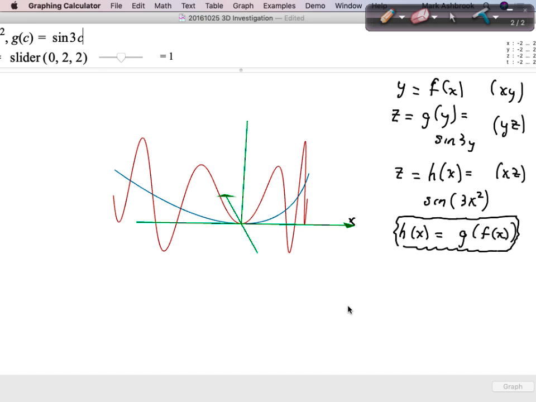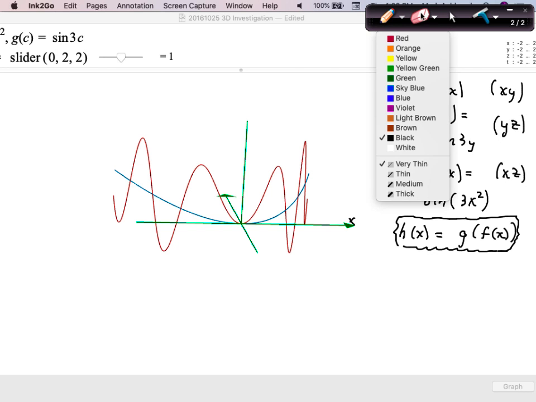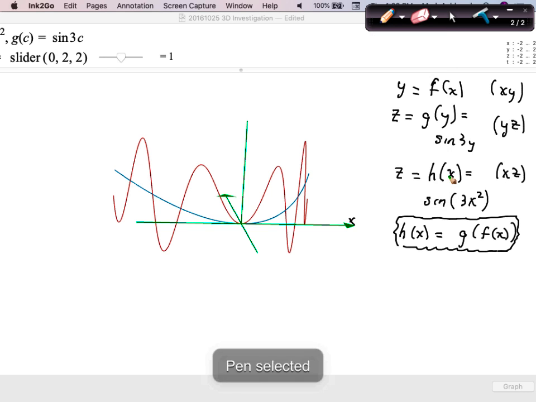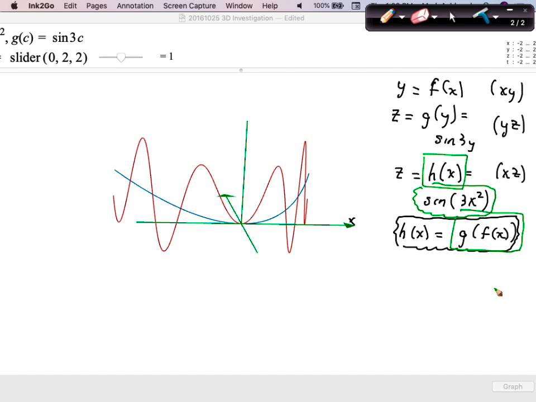So which one is the composition? Is this the composition? Or is this the composition? So the function h of x or g of f of x? Which one is the composition?